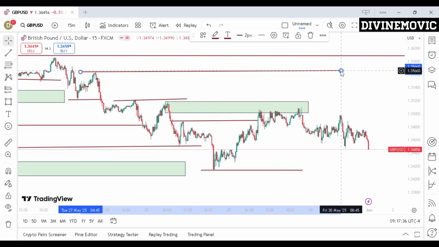For us to continue a buy or for us to confirm a buy, price will have to take out this particular high that is here. And now because price did not take out this particular low here, there's tendencies that price is simply going to buy to the upside for price to continue the overall sell.